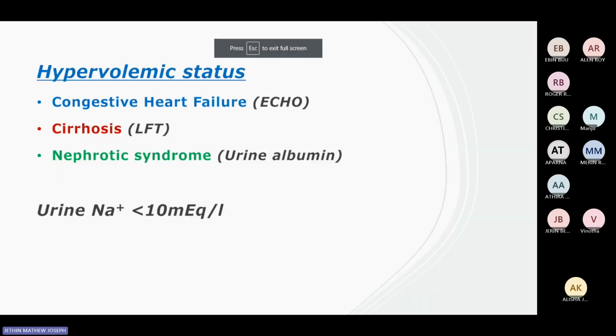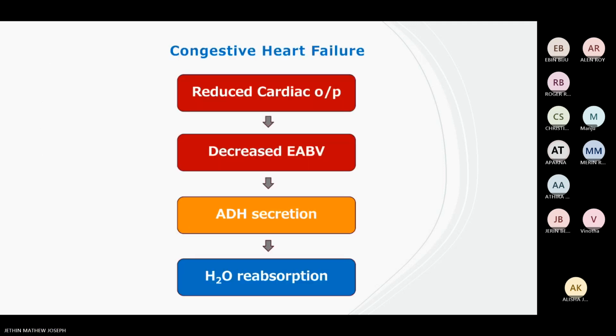Next we'll be covering hypervolemic status. Here we'll be mainly talking about congestive heart failure, liver cirrhosis, and nephrotic syndrome. In all these cases, the urine sodium is going to be low. What happens in congestive heart failure? You're going to have a reduced cardiac output, so the effective arterial blood volume is going to be low.